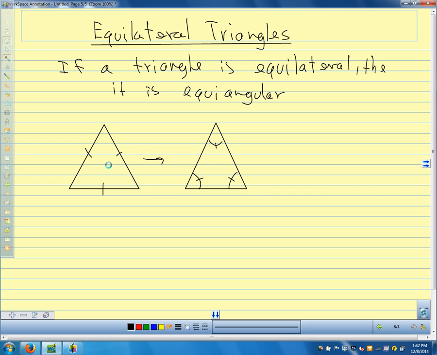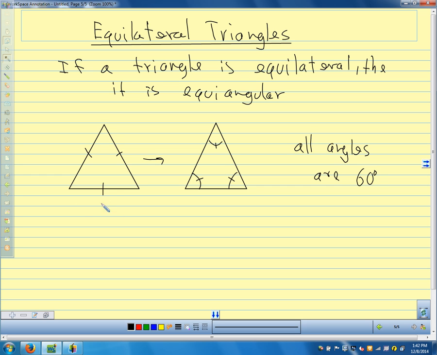But these two sides are the same, so those two angles have to be the same. And those two sides are the same, so all the angles have to be the same. So what do all the angles have to be? 60. 60 times 3 is 180. So all the angles in an equilateral triangle are 60 degrees.